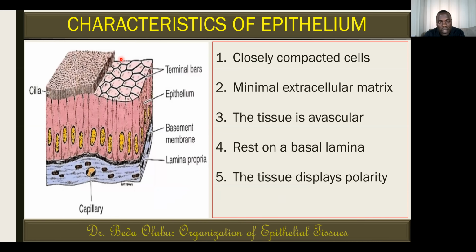The free surface is this top part, the apical surface, and the basal surface or the attached surface is this lower part. You can see that black line there is what we call the basal lamina. You can call it basement membrane. There's a slight difference between basal lamina and the basement membrane. You can check on the difference between the two, but they go together.